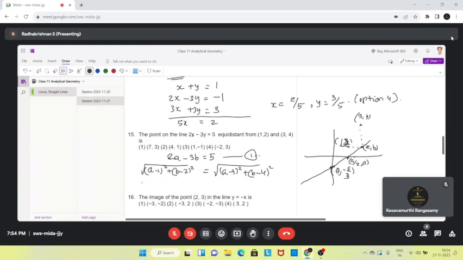Then I'm expanding this. a square minus 2a plus 1 plus b square minus 4b plus 4 equal to a square minus 6a plus 9 plus b square minus 8b plus 16. Now if you see, a square, b square will cancel.